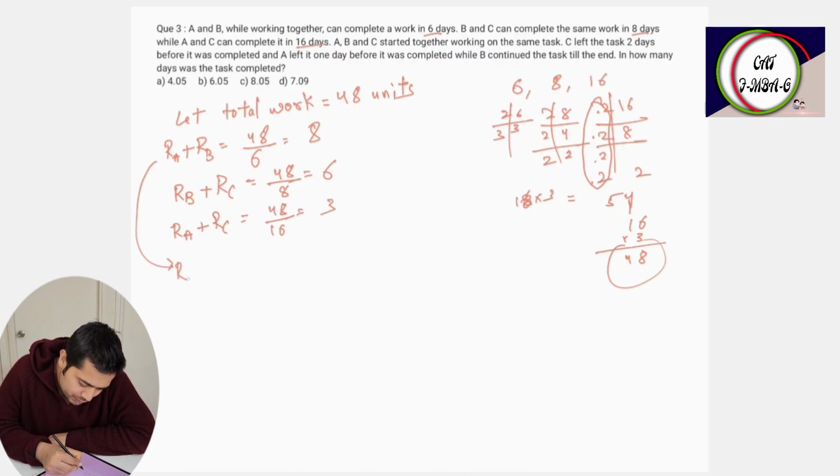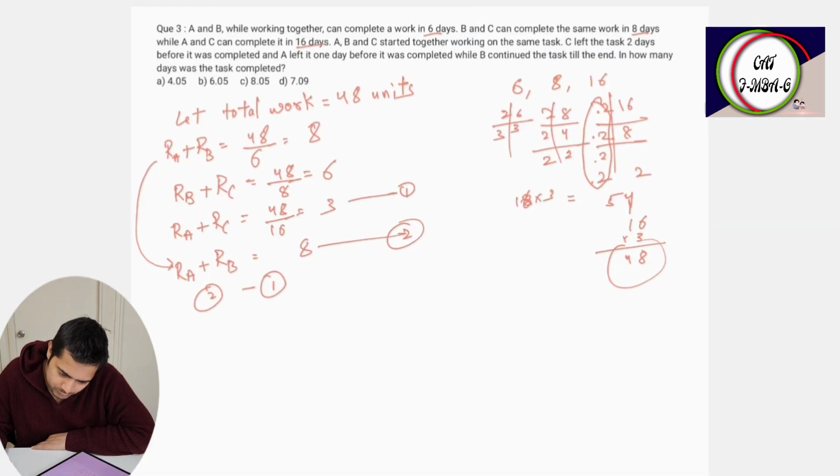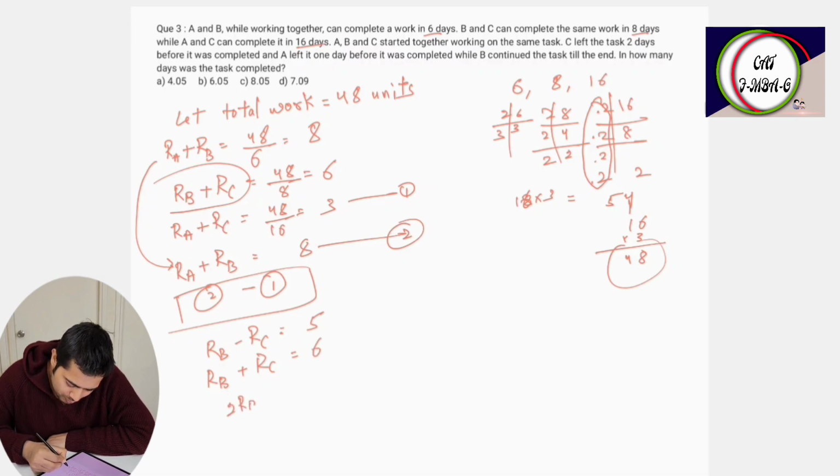From this equation, if you bring here, rate of A plus rate of B is equal to 8, minus the third, RB minus RC is equal to 5, and RB plus RC is equal to 6. So 2RB is equal to 11. That implies RB is equal to 5.5.